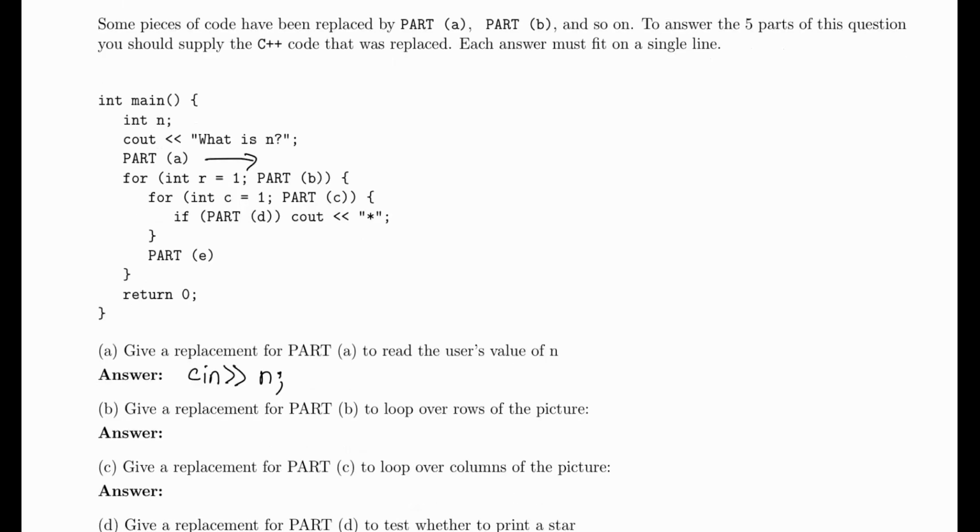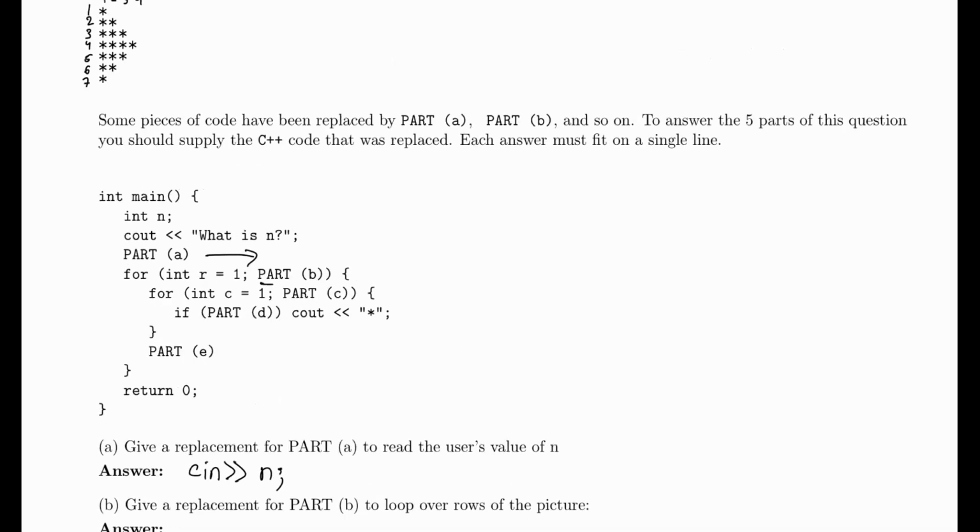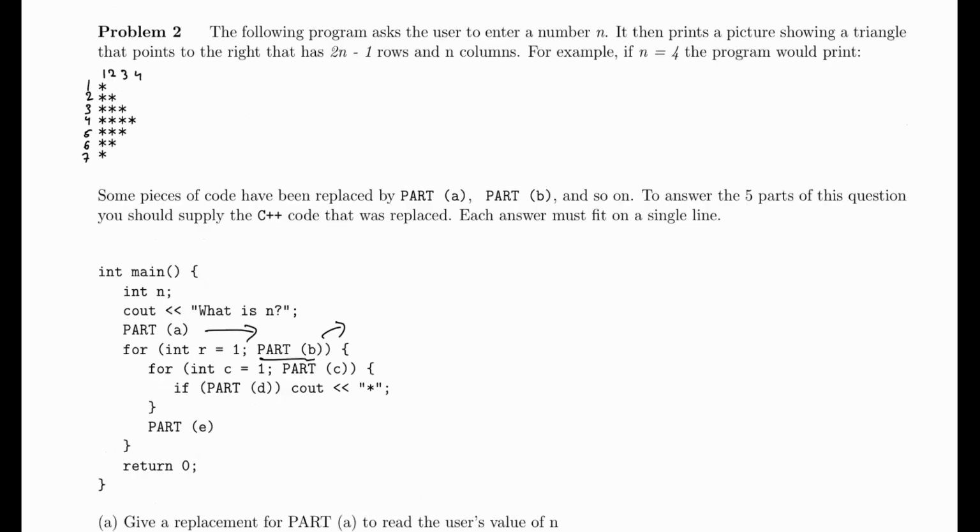And then the outer loop is for the row. The row goes from 1 to 2n-1. When you calculate, 4 times 2 is 8, minus 1 is 7, so you need to run from 1 to 7.